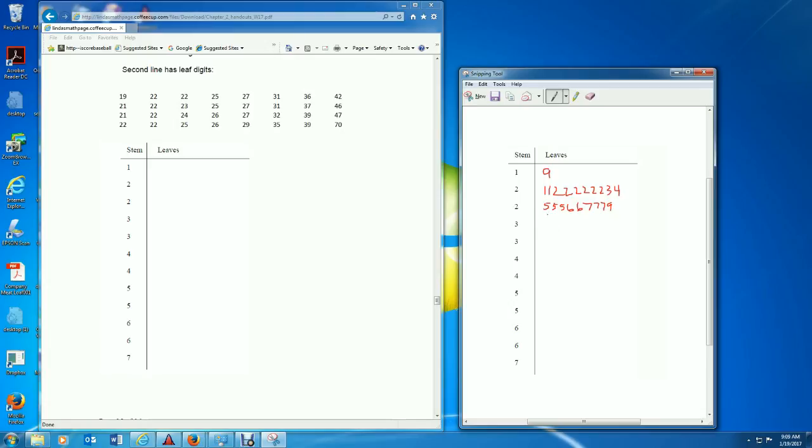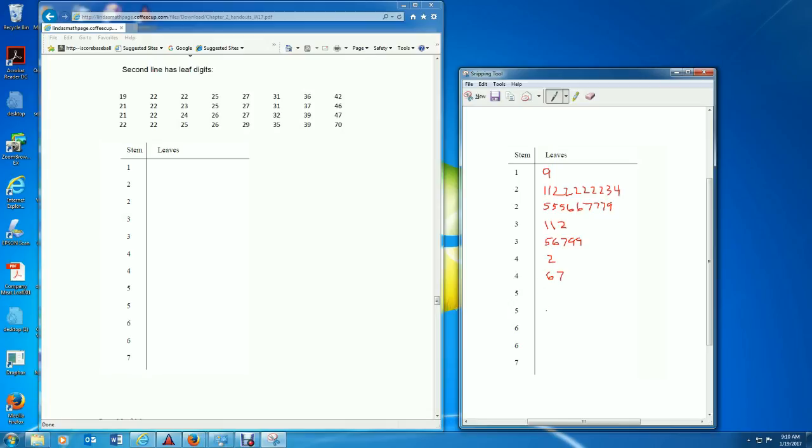All right, 31, 31, 32. And again, now I'm going to come down to the next line to put 35, 36, 37, 39, and 39. 42 is going to go here, and then I come down to the next line for the 46 and the 47.